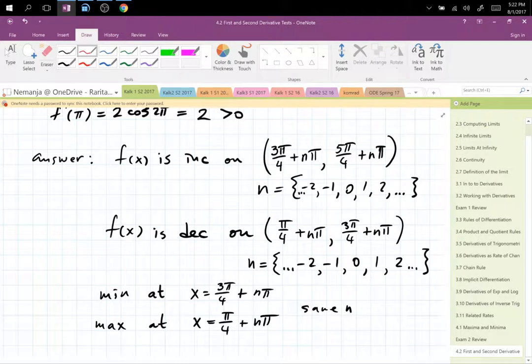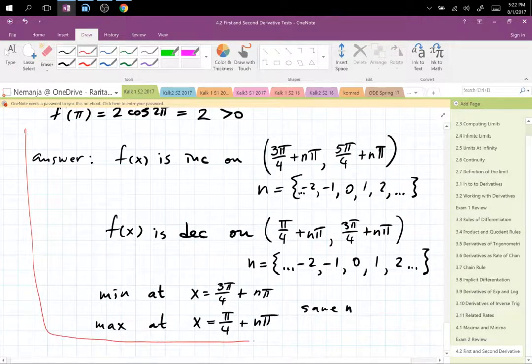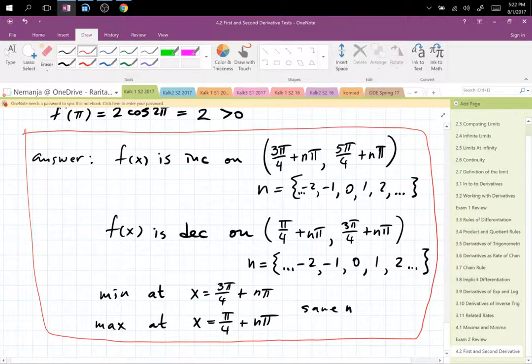And that's the answer. So periodic functions, just a tad trickier. This n pi allows us to go infinitely to the left and infinitely to the right.